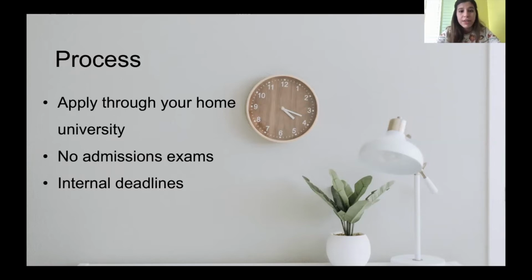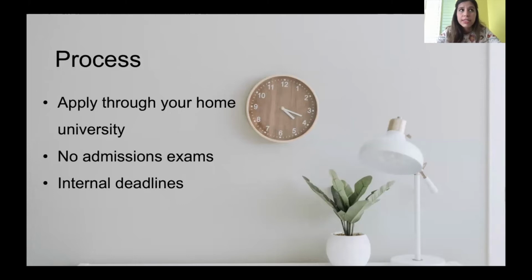And just to give you an idea of how it worked for me, I did a 4-year undergraduate degree because I studied in Scotland. My course did not actually incorporate a year abroad, but I was able to still go for a full sort of academic exchange during my 2nd year of study.